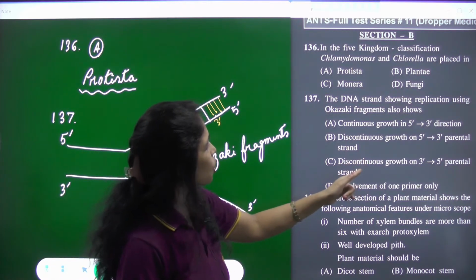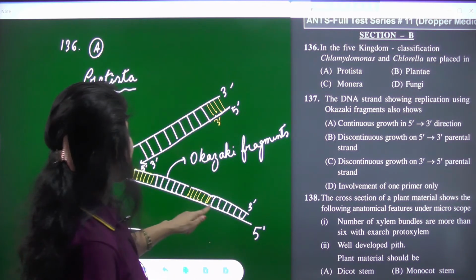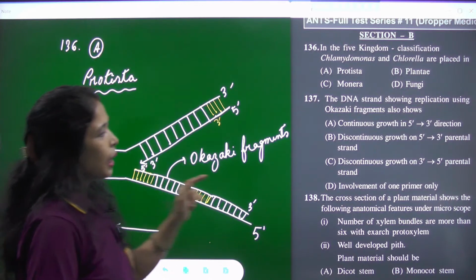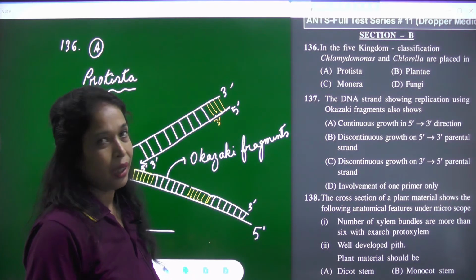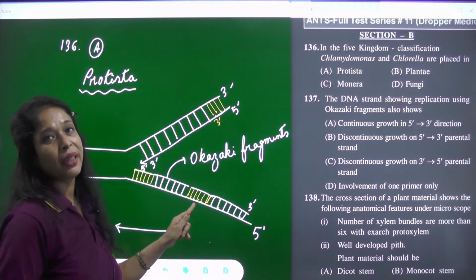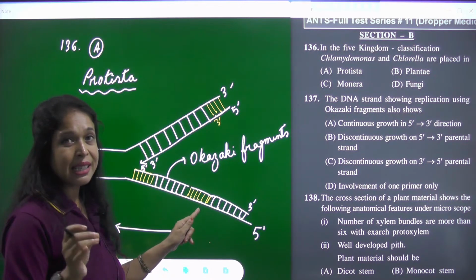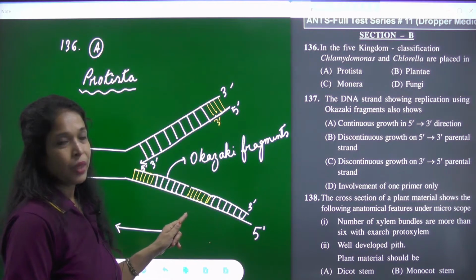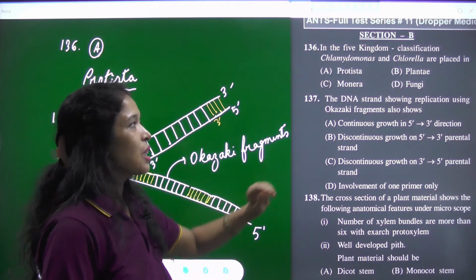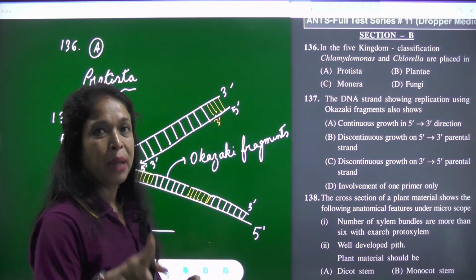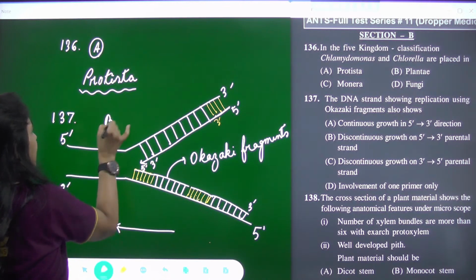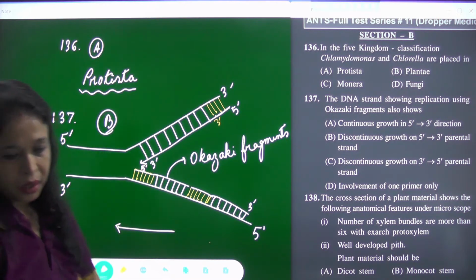Discontinuous strand on 3 prime 5 prime parental strand. No, what is the parental strand? 5 prime 3 prime. Involvement of one primer only. That's also wrong. You can see more than one primer is involved, always in the discontinuous or lagging strand. So what will be the answer for question 137? Discontinuous growth on 5 prime 3 prime parental strand. So the answer for 137 is B. Fine.